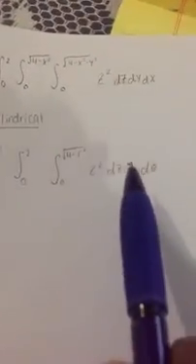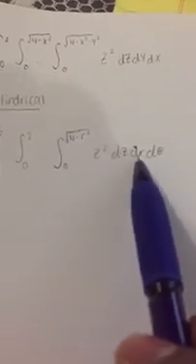So dr would be 0 to 2, and then the angle, d theta, would be from 0 to pi over 2, because we're only looking at this first region, which we drew from these bounds. So that's pretty much changing it.